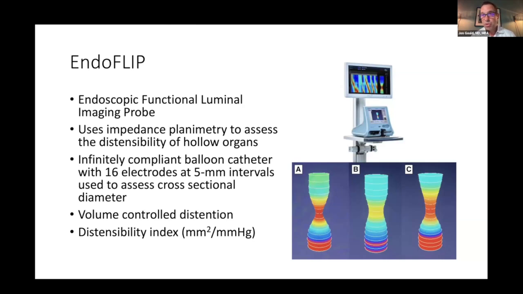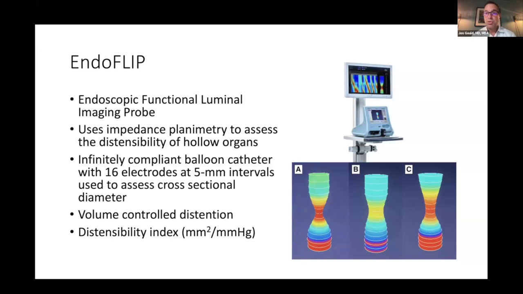You do a volume controlled distension, so you control the volume, and you can determine a variety of things. One of the most useful measures in achalasia surgery and myotomy is the distensibility index, which is a calculated measure based on the diameter at the waist. You put the waist of the balloon at the esophagogastric junction, where the lower esophageal sphincter is. That diameter divided by the pressure in the balloon gives you a distensibility index.